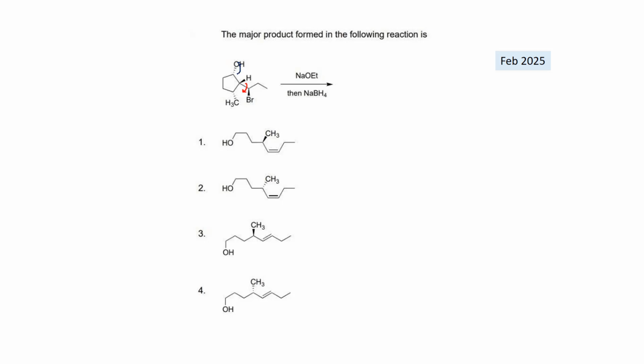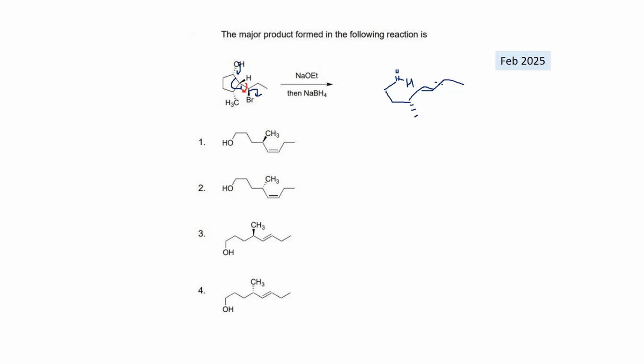If this comes here and this bond goes here and this bromine is removed from the system, we get this as our product. There will be a generation of aldehyde, where the methyl will be intact with this stereochemistry, and there will also be a generation of a double bond.